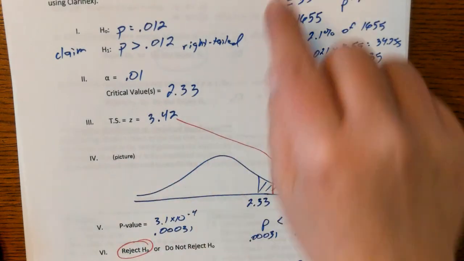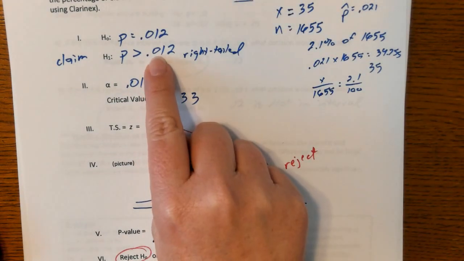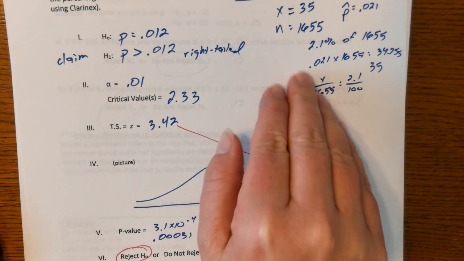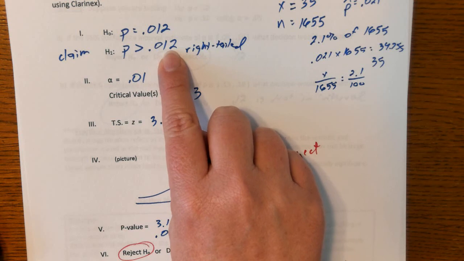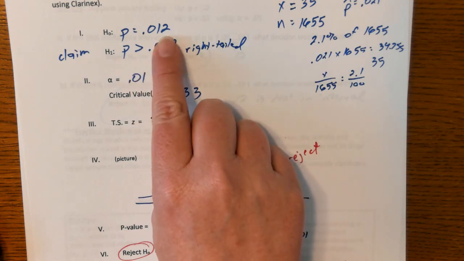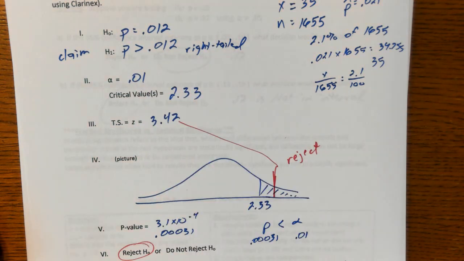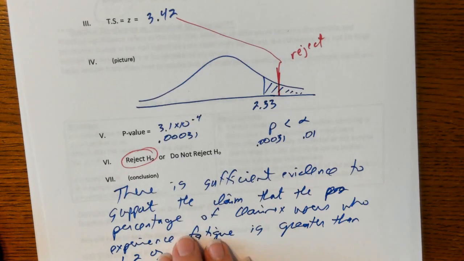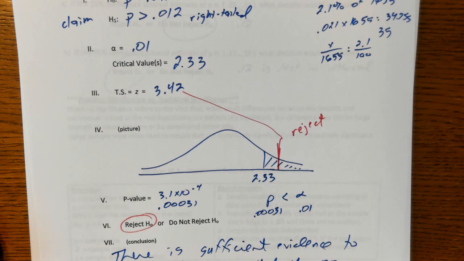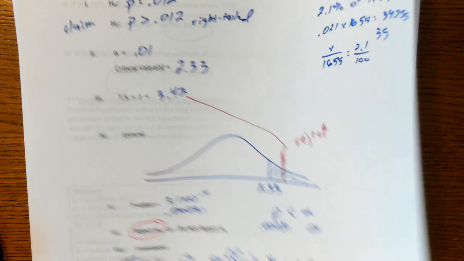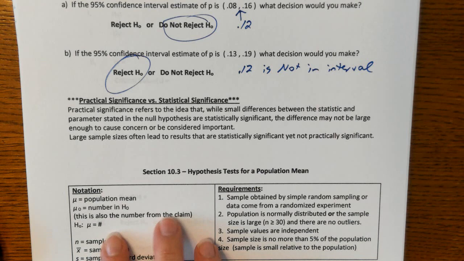Maybe instead of a 1.2% probability, our sample had been 0.013. Well, 0.013 is greater than 0.012, but does it really matter whether it's 1.2% or 1.3%? So it could be a case where you reject and you say that there's statistically significant results, but the difference is so small that it doesn't really matter. We'll see an example of that in 10.3, but I just wanted to plant that seed that it is something we have to think about.